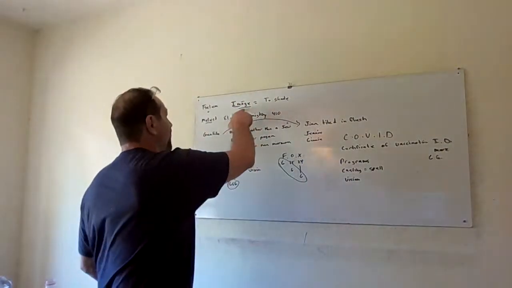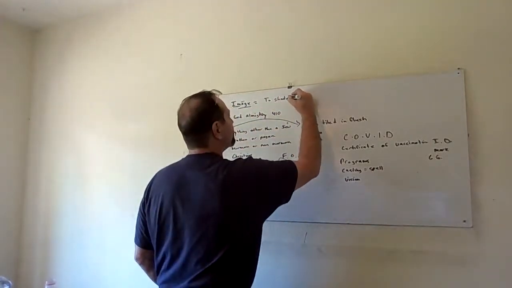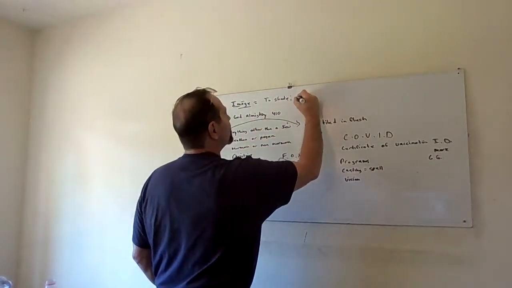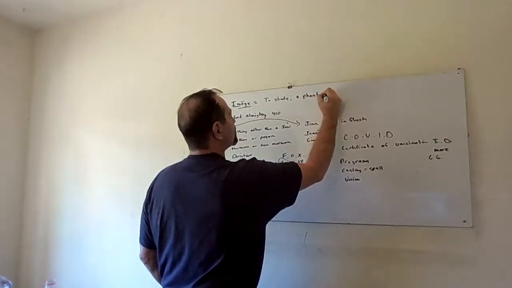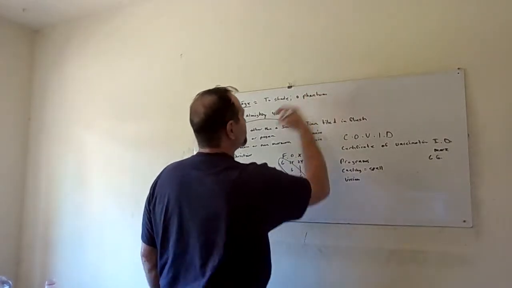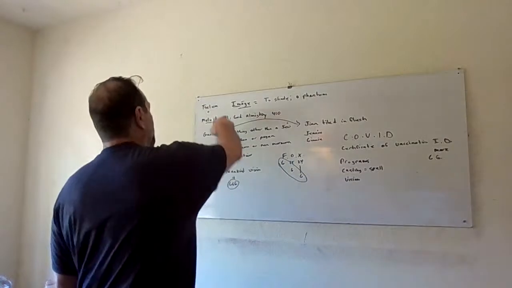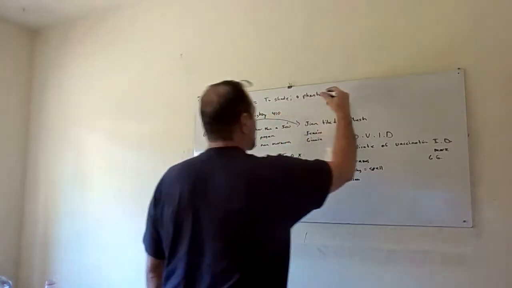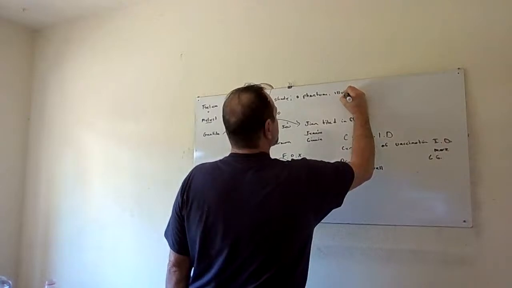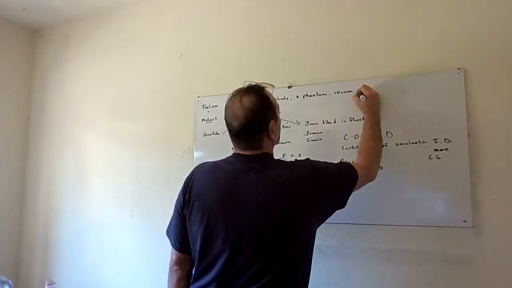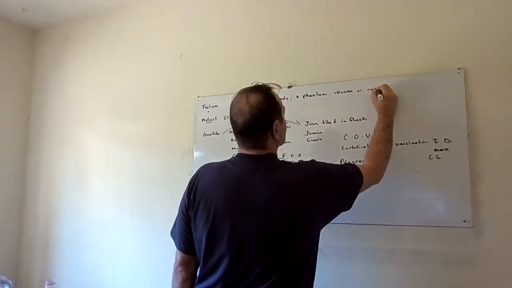And the image of God is to shade a phantom. This is where you get your Phantom of the Opera. An image is to shade a phantom. It is an illusion or a representative figure.